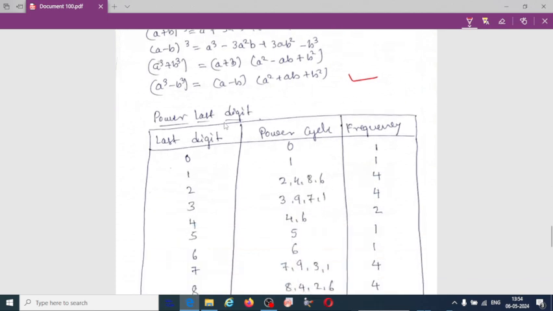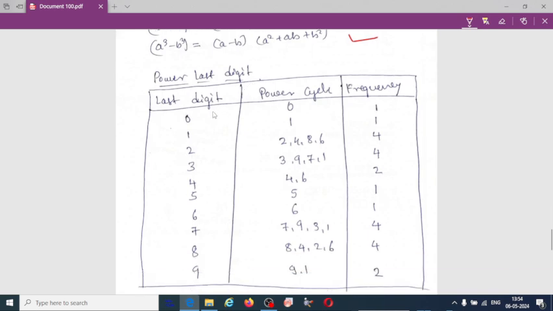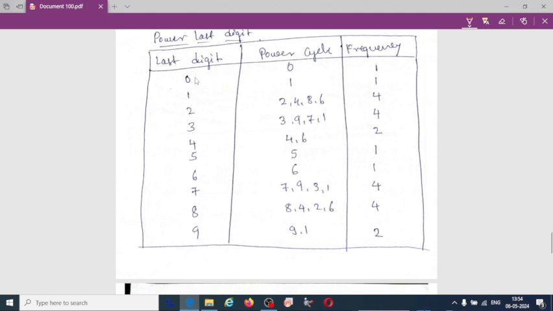Power last digit. If you take the last digit of a power, how can you identify it? Let us take digits from 0 to 9, decimal numbers. So how is the power cycle going to repeat? If the last digit is 0, the frequency of the power cycle is 1.